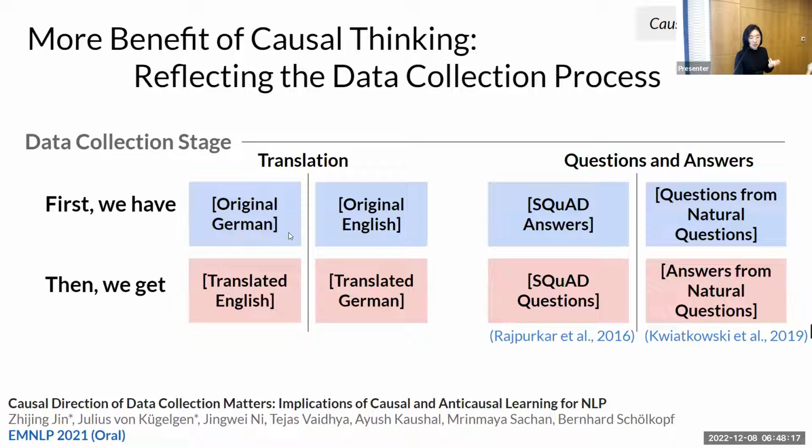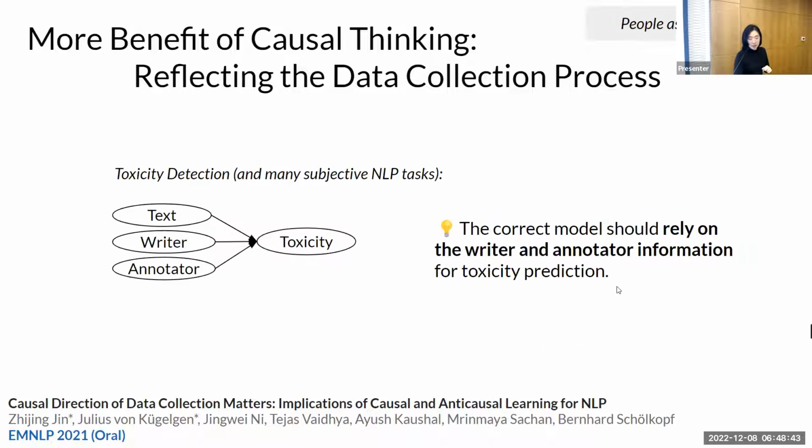Imagine that the annotator annotates original German translated into English, but you ask the model to translate original English into German, then there is a discrepancy here. Another case is question answering data, where there are also two ways: generate questions and get answers, versus generate answers first and let people annotate questions. They correspond to different causal graphs.